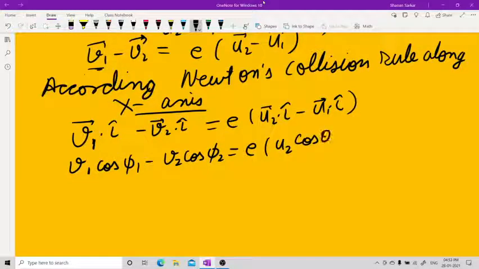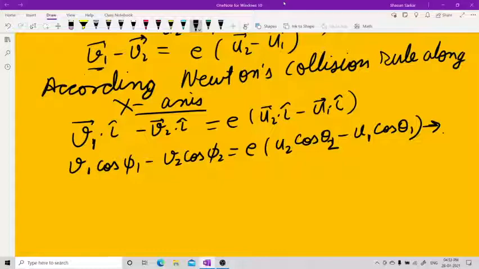Be very careful with the angles. This is a very, very important equation.